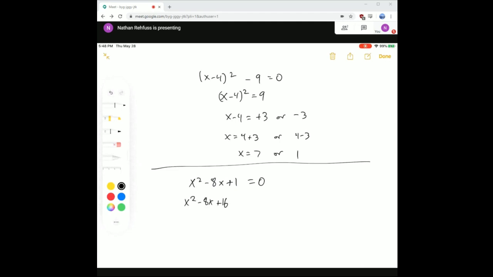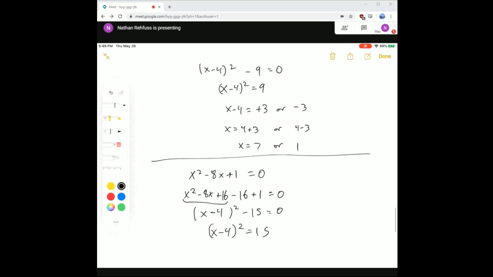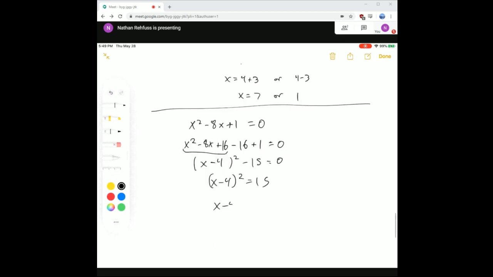And the way to do that is to add and subtract 16 in the middle here to say, okay, well, these three terms are x minus 4 squared, and then this is minus 15 equals 0. X minus 4 squared equals 15. Square root property says x minus 4 equals plus or minus the square root of 15. So x equals 4 plus or minus the square root of 15.